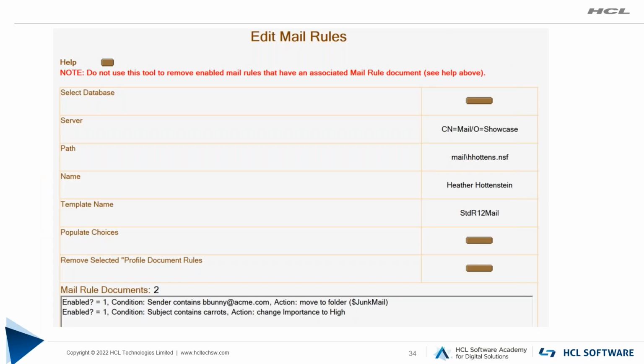So what you have here, one of my favorites, is the edit mail rules utility, okay? So with the edit mail rules utility, I go ahead, I define the database that I want to search against, and when I click populate choices, it gives me an output of the mail rules that are enabled, okay?